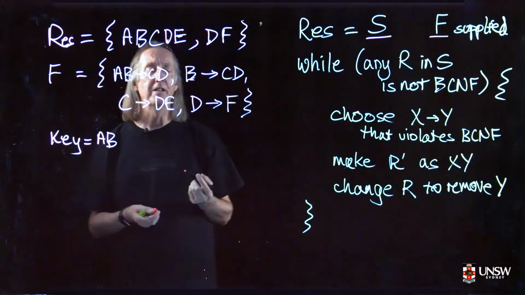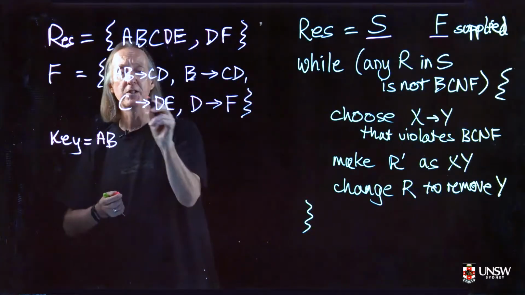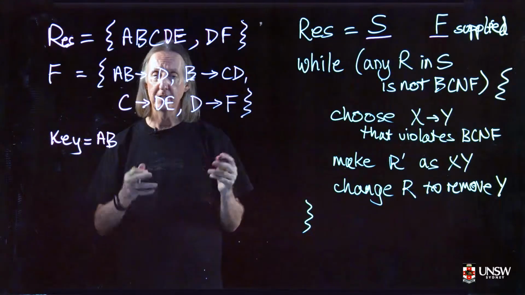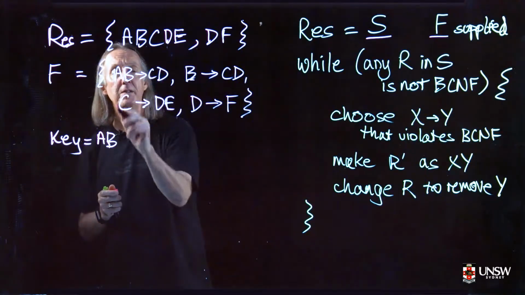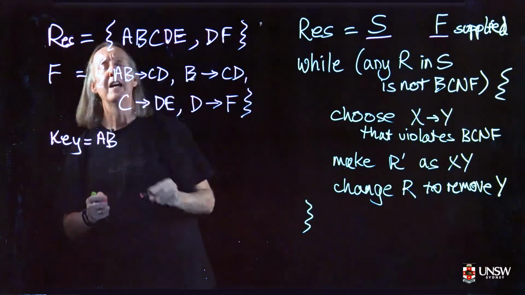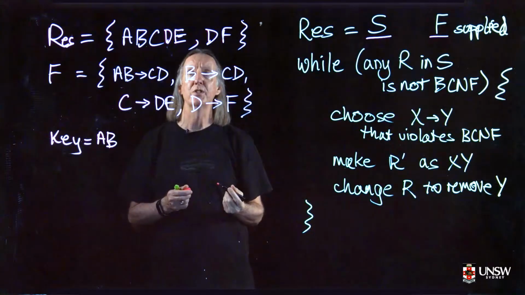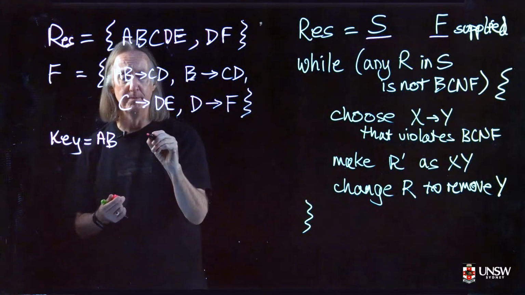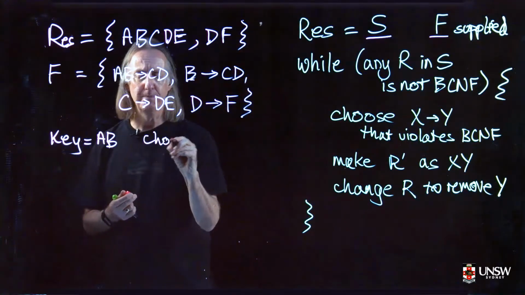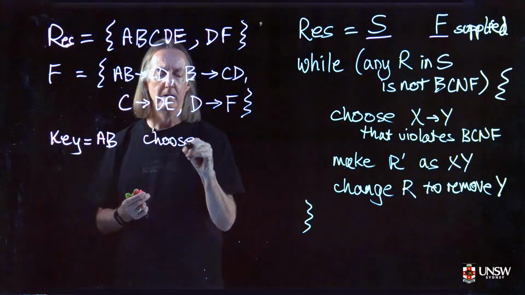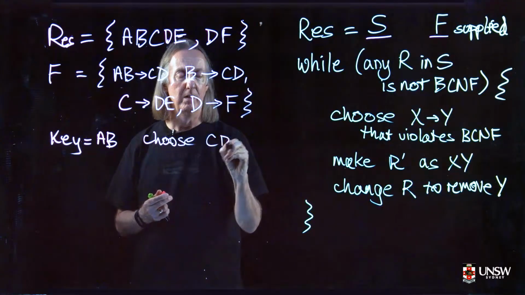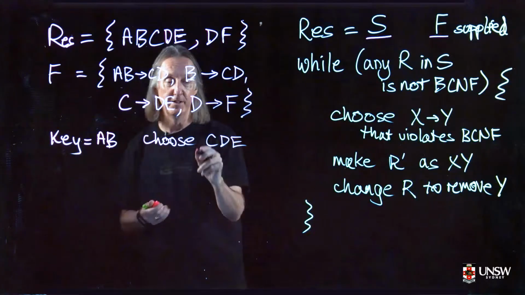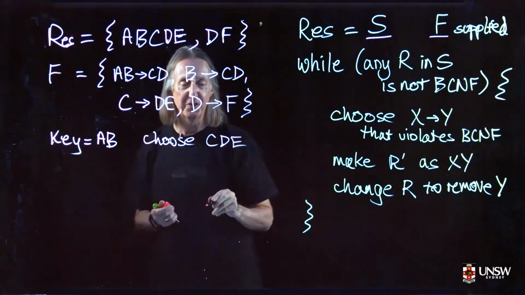Find another functional dependency. Well, let's have a look at this one. This has an attribute which also isn't part of the key. So therefore, this functional dependency and this schema aren't in BCNF. So we're going to choose the dependency C goes to DE.